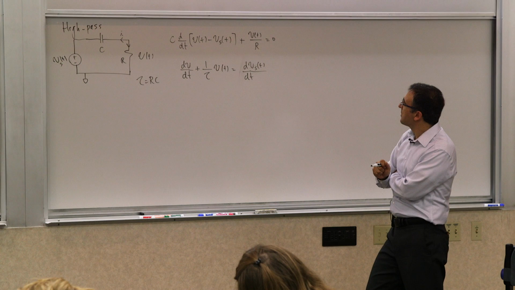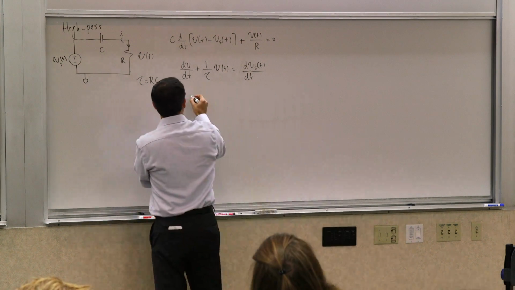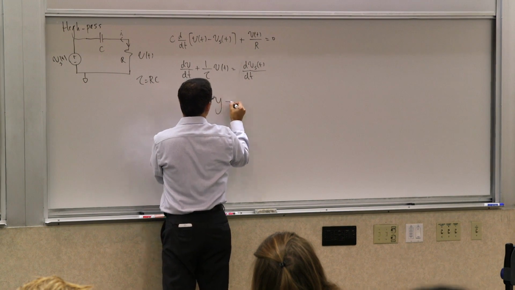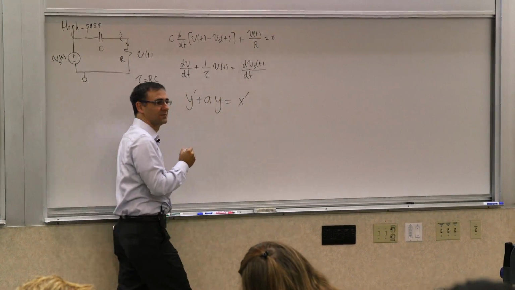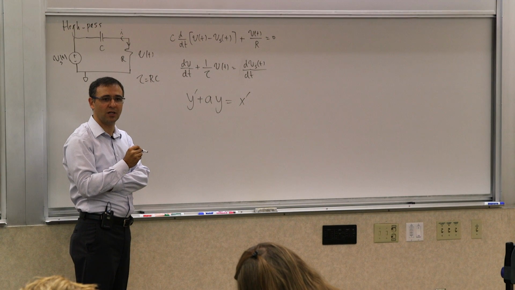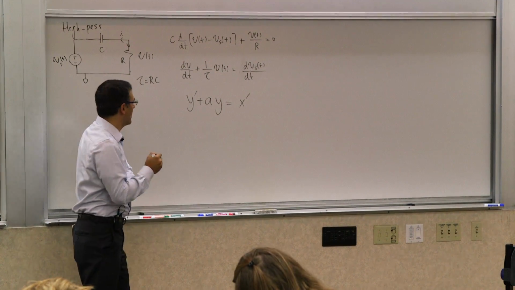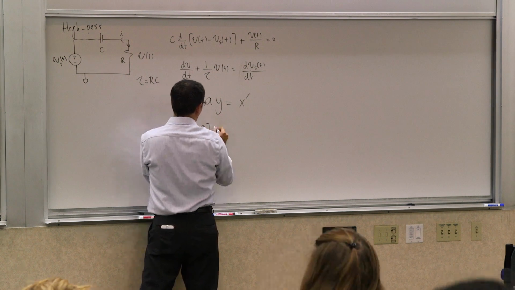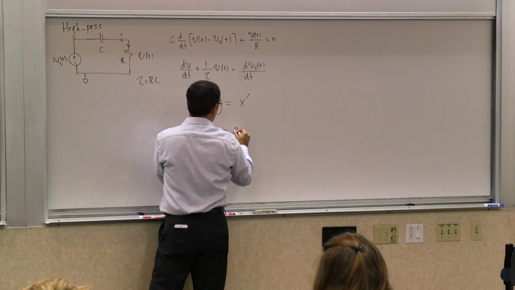All right. So if you wanted to write it in mathematical notation, you can write it as y prime plus ay equals x prime. Right? Or in the Heaviside operator notation it is (p plus a) y equals px.